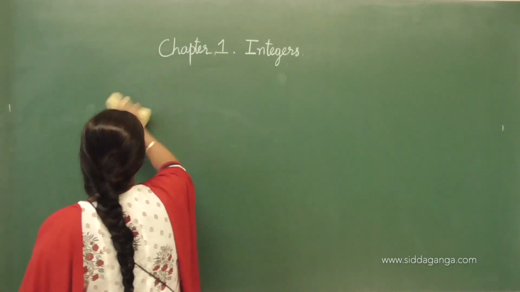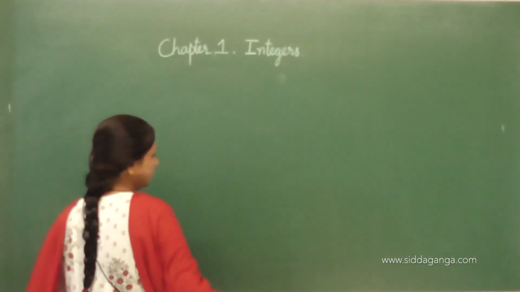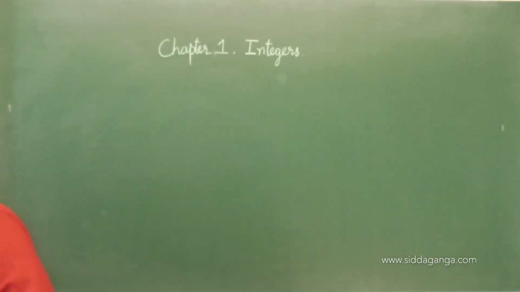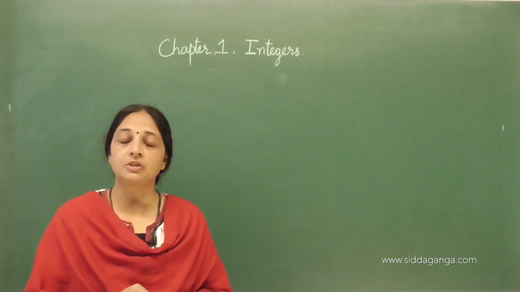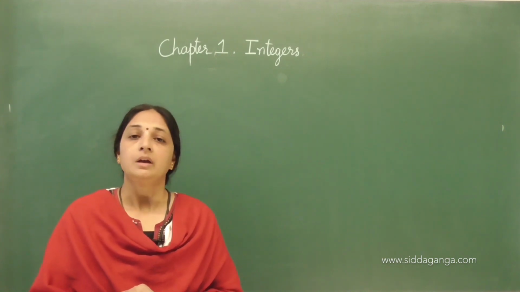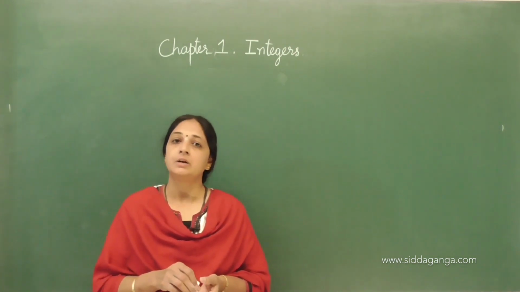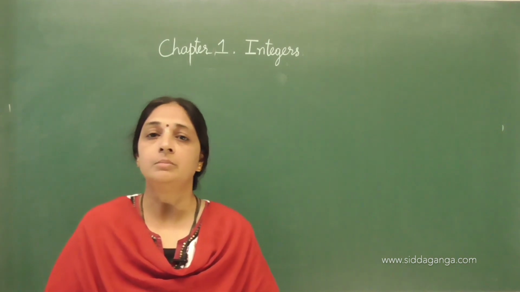And also we learnt the multiplication, and today in this class we are going to learn the properties under multiplication. The different properties we studied for addition: closure property, commutative property, associative property, and identity element for addition. So like that we are going to learn for multiplication.